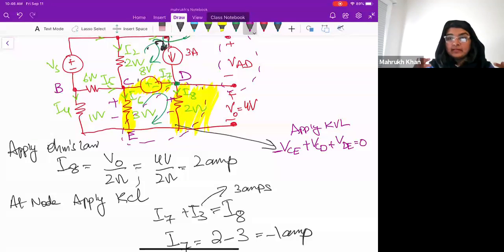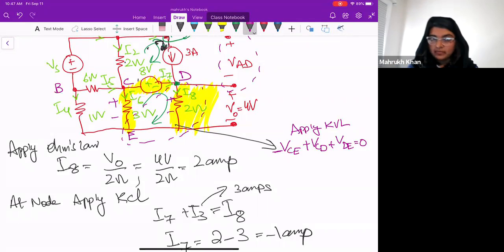Because I feel that if you directly apply your values, you can make a mistake. So you should write in terms of symbols for the complicated things so that it will be easy for you. So do you think the KVL is right?